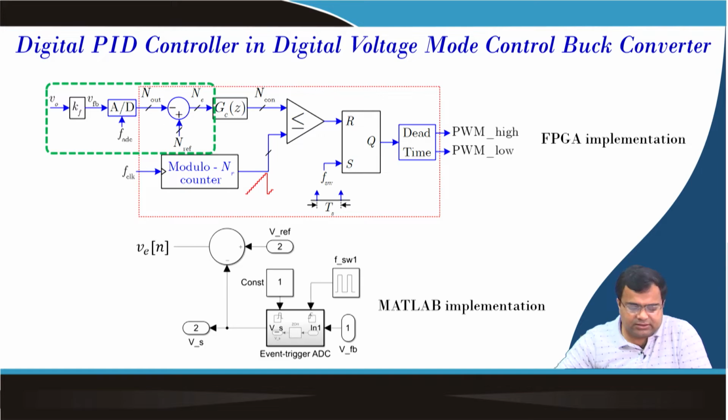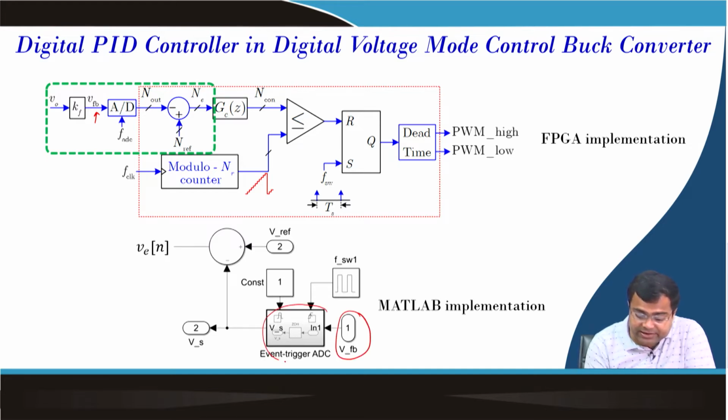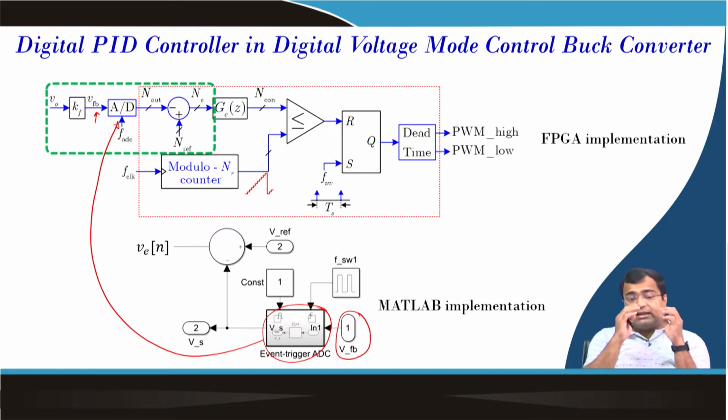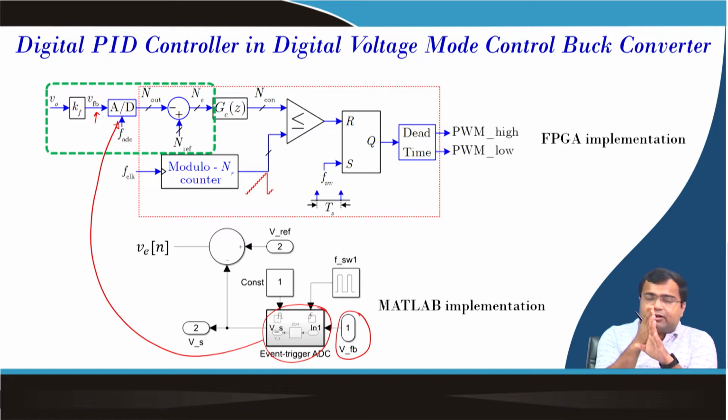Next, the error voltage after the feedback. Here the feedback voltage is here, then we are using an event trigger ADC. That means we are taking the sample at the rate of the switching frequency.